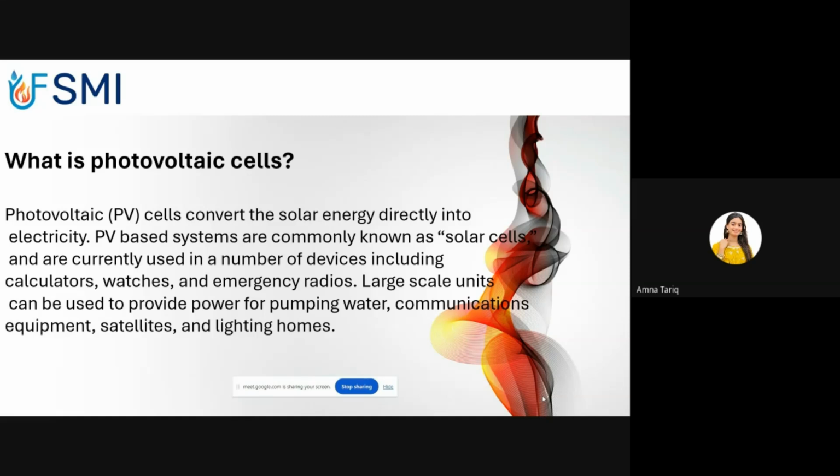All of these use photovoltaic cells. Large-scale units can be used to provide power for pumping water, communications equipment, streetlights, and lighting homes. Mostly we use photovoltaic cells.